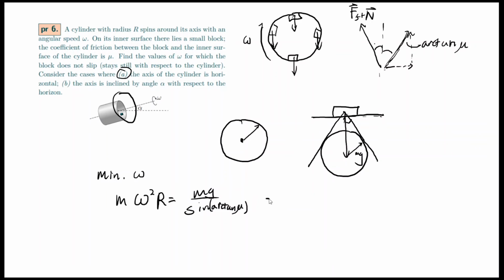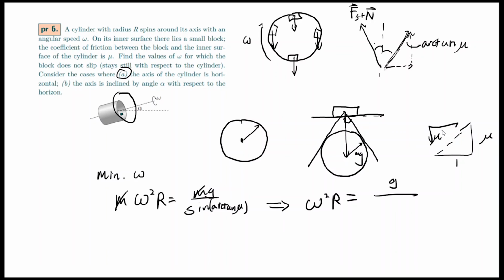These two cancel, and this gives that omega squared r is equal to g over sine, and if we imagine the triangle here, it's mu and 1, so it's root mu squared plus 1, so sine is mu over root 1 plus mu squared.